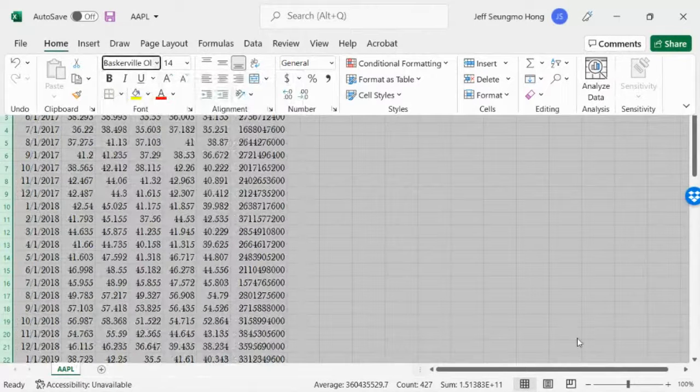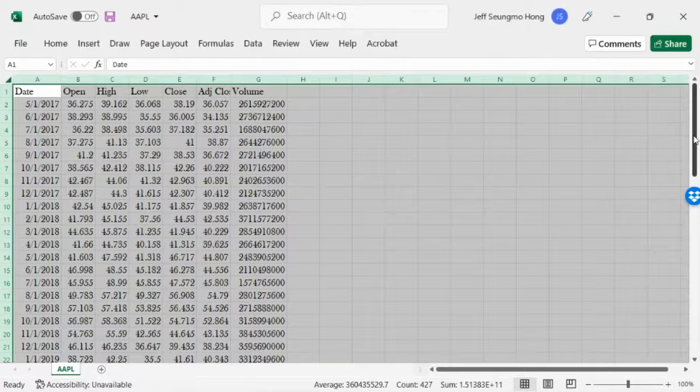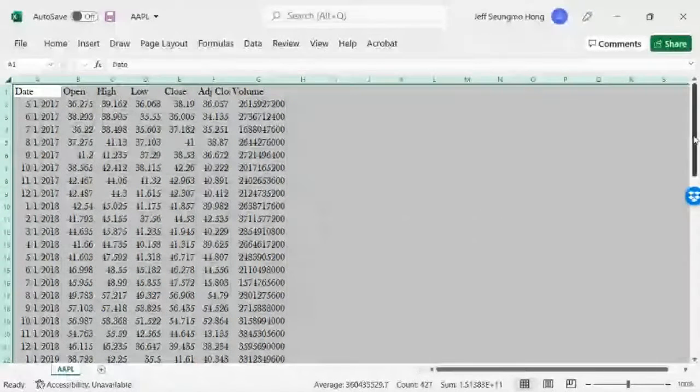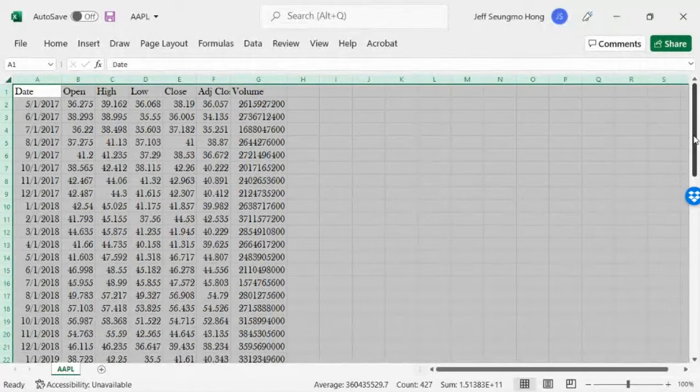I would use this font, Baskerville, but I should say the best font is something like Georgia Pro, Georgia, or Times New Roman.